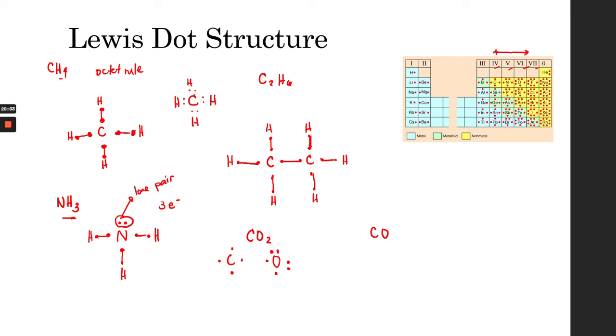How am I going to join these together? Since I have two, which of these elements wants to connect more? Carbon wants to connect 4 times, while oxygen just wants to connect twice. So we're going to use carbon as our central atom.